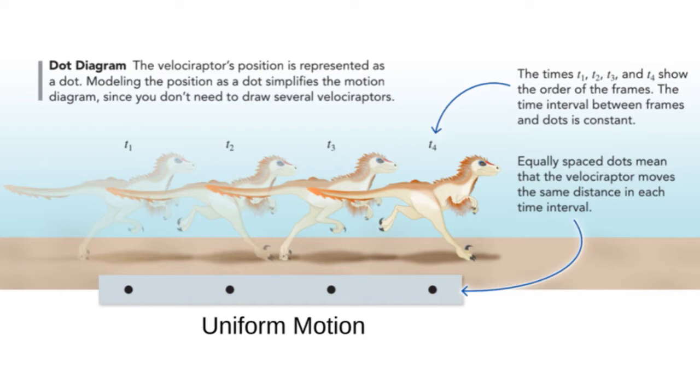The numbers and the subscripts for the times show the order in which the frames would be taken if we actually took a video of a velociraptor. The time step between frames and dots is constant. Right? And so what this is telling us is that equally spaced dots means that the velociraptor moves the same distance in each time step.